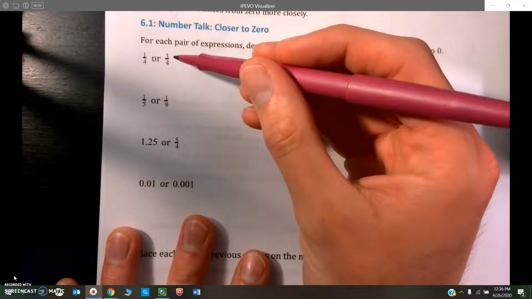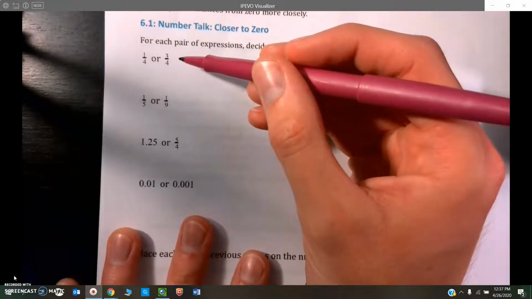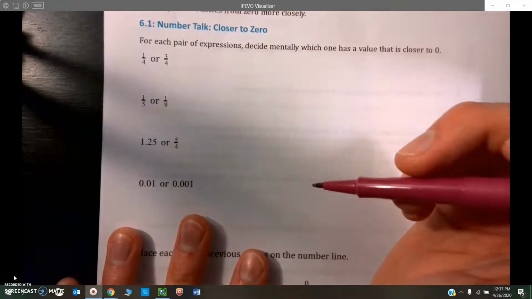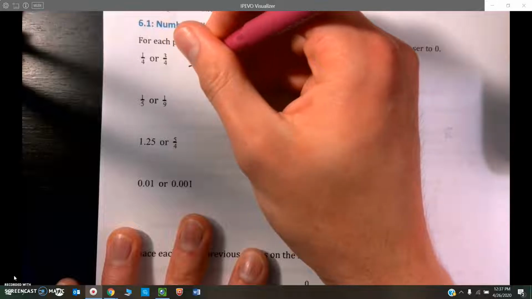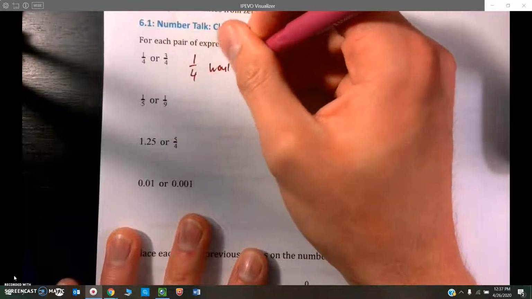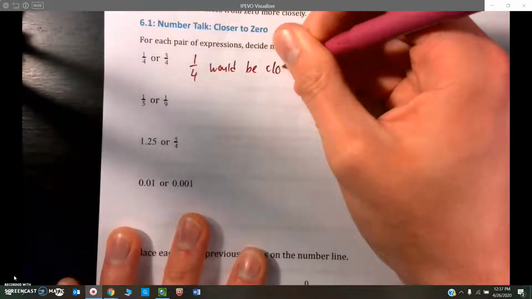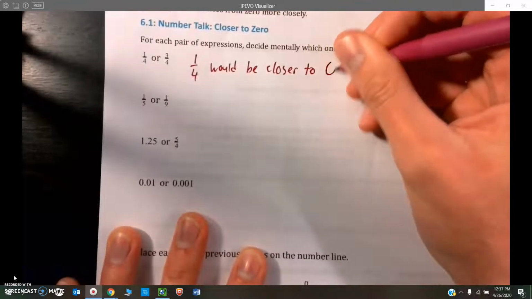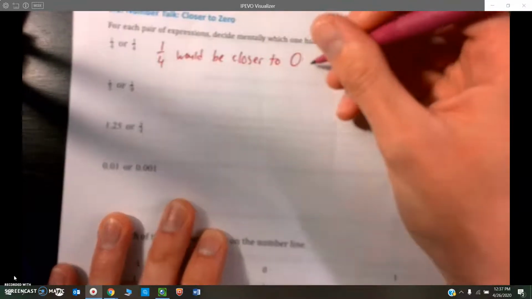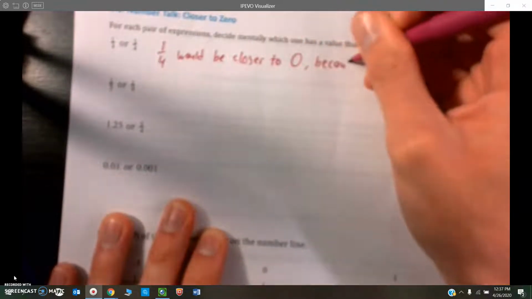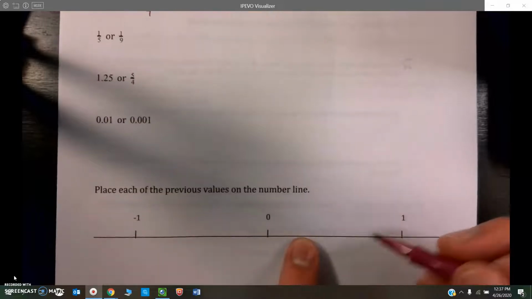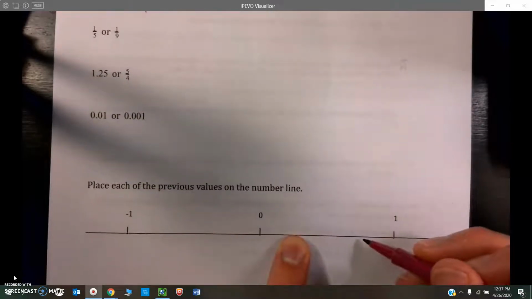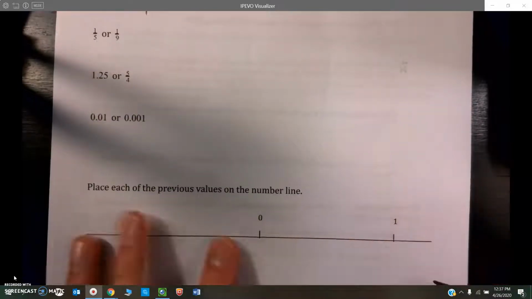So which one would be closer to 0? 1/4 or 3/4? 1/4 would be closer to 0, because it's smaller. When talking about positive numbers, the smaller the number, the closer it is to 0. So 1/4 would be about here, and 3/4 would be about here, a little closer to 1.